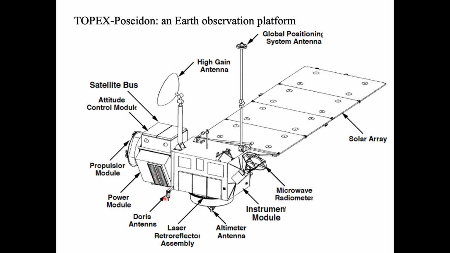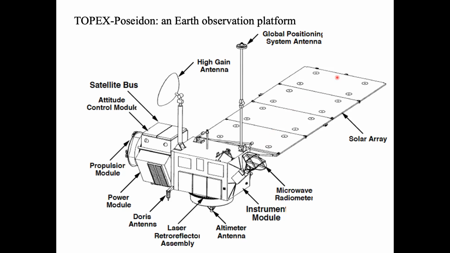We have another small antenna for the Doris system, which is a positioning system based on Doppler used by the French. We have the GPS antenna up here, and the GPS antenna is used for orbit determination.